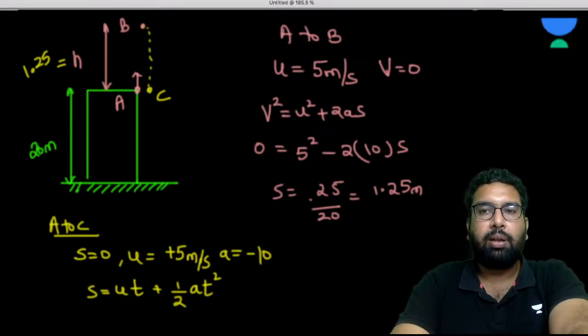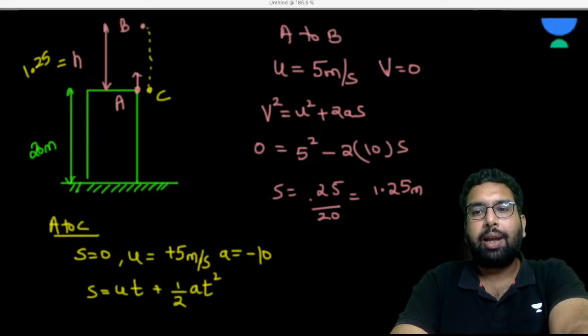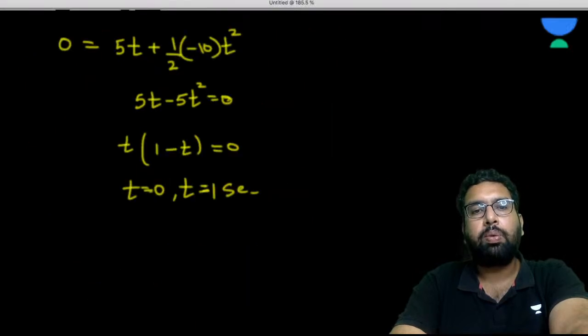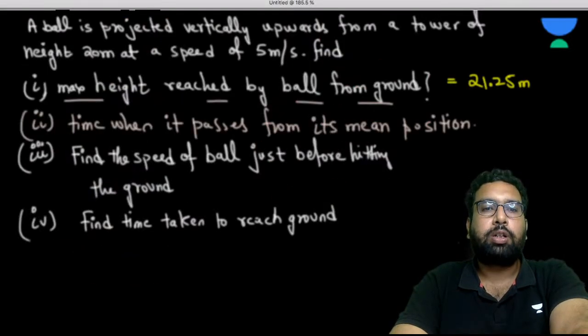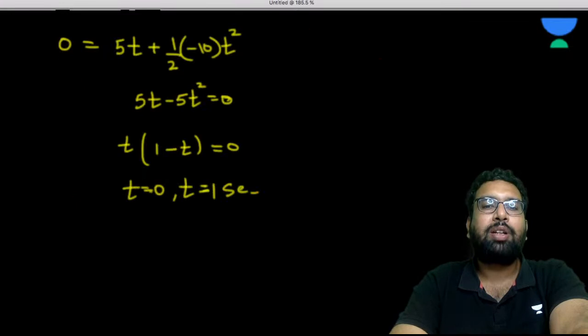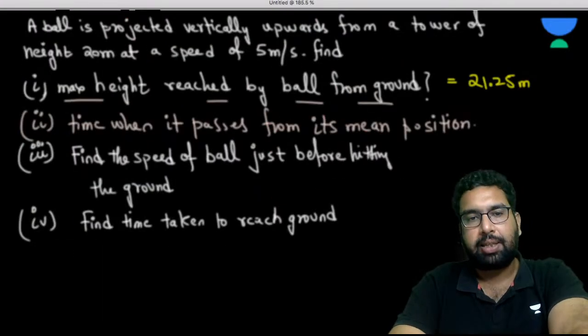So what does that mean? Basically in this equation, you are taking S as the displacement. So these times are trying to tell you at what point of time this body will have this position. So it will be in this position at 0 second and at 1 second.